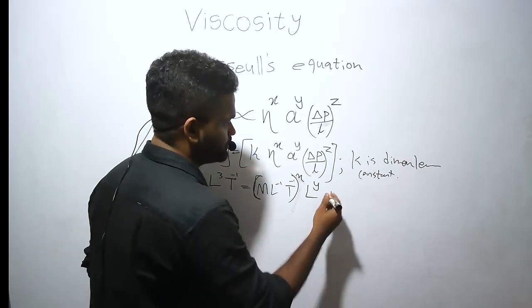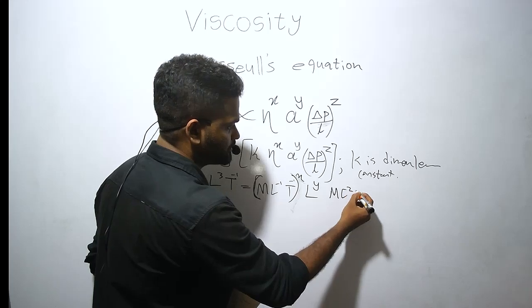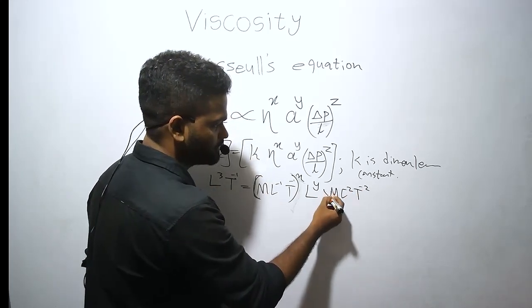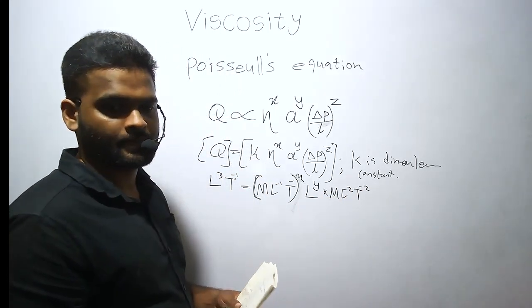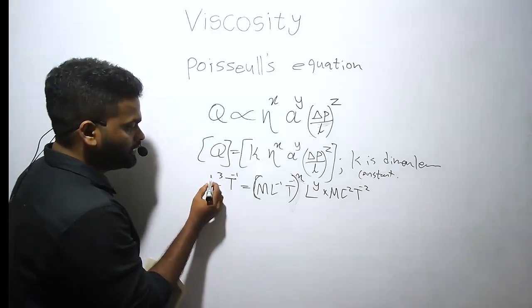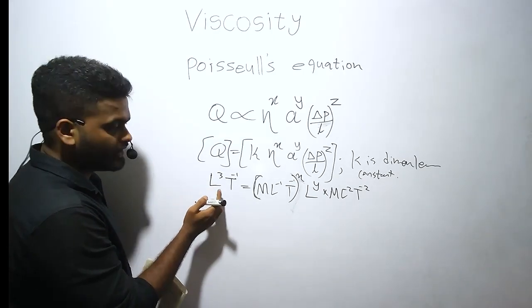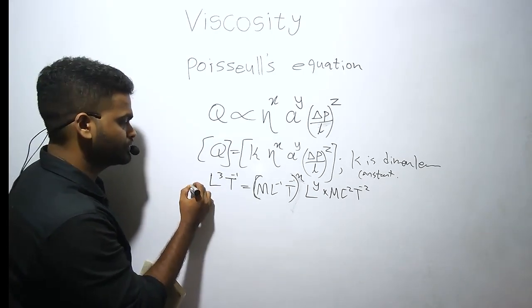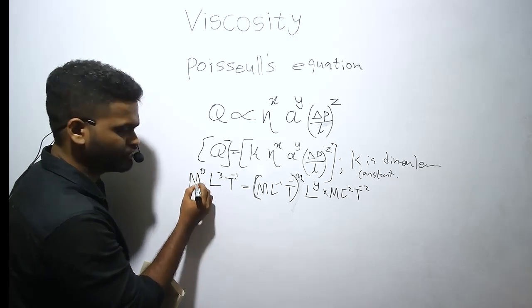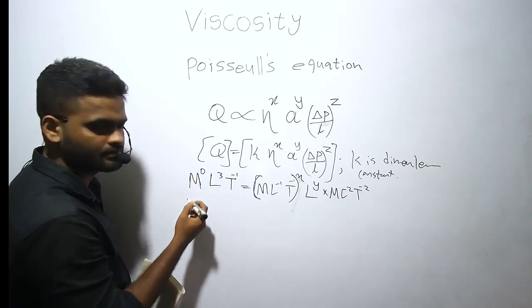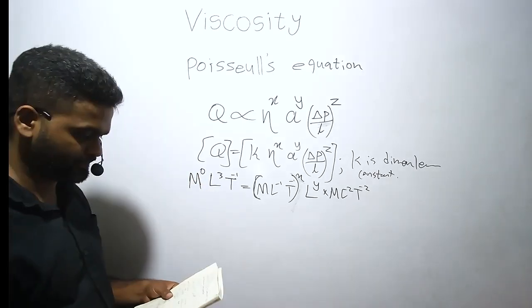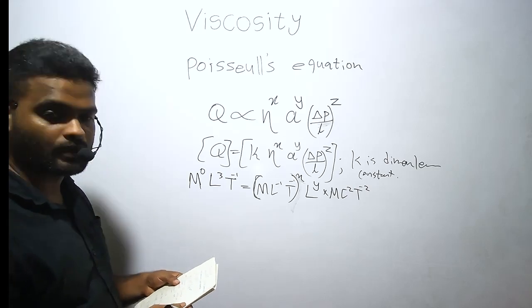M L to the minus 2 T to the minus 2, right? We don't have a term for mass on the left side, so we can say M to the power naught, right? M naught means 1, right? Okay, then what do we do?